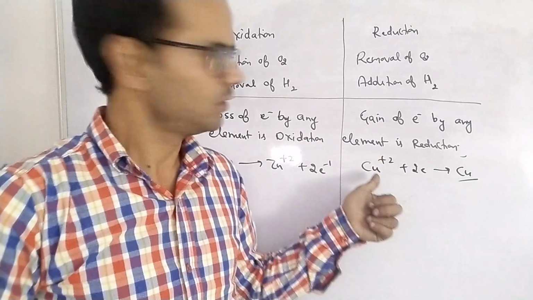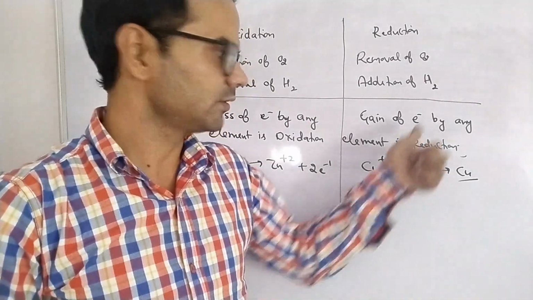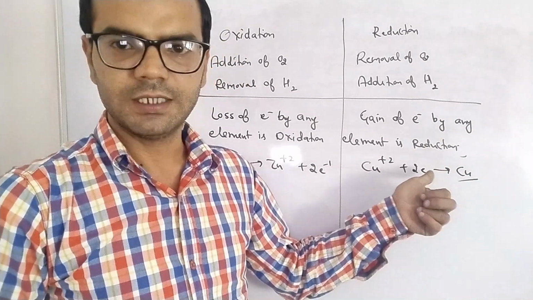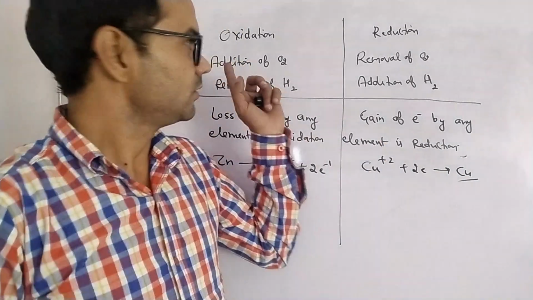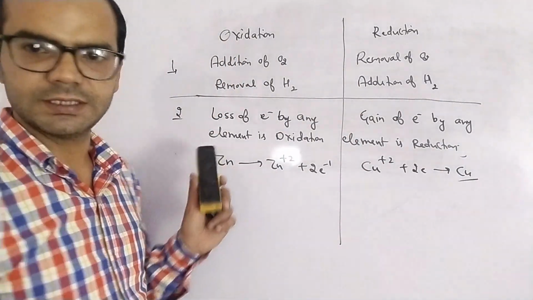Here copper 2+ has gained 2 electrons. As a result, copper is formed. Gain of electron is called reduction. And there is a third concept also of oxidation and reduction, that is with respect to oxidation number.